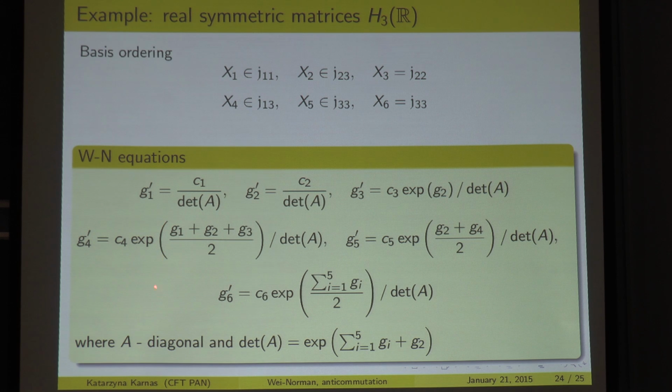But for this case, for example, the matrix of coefficients A is diagonal, and the Wei-Norman equations are given by these expressions.